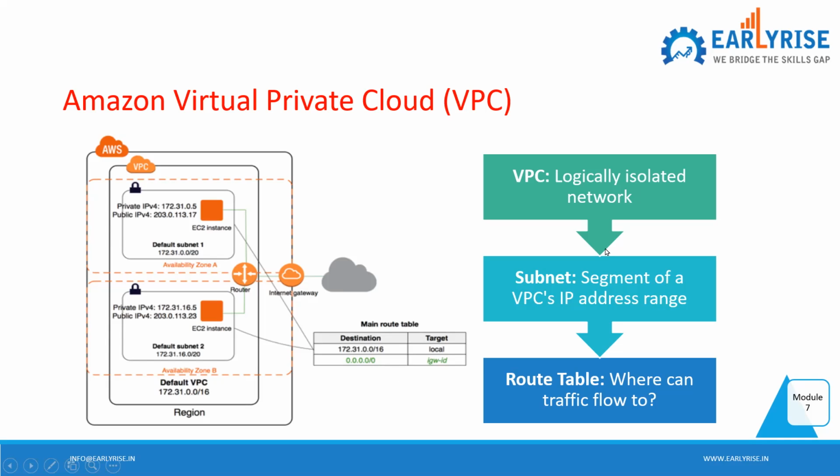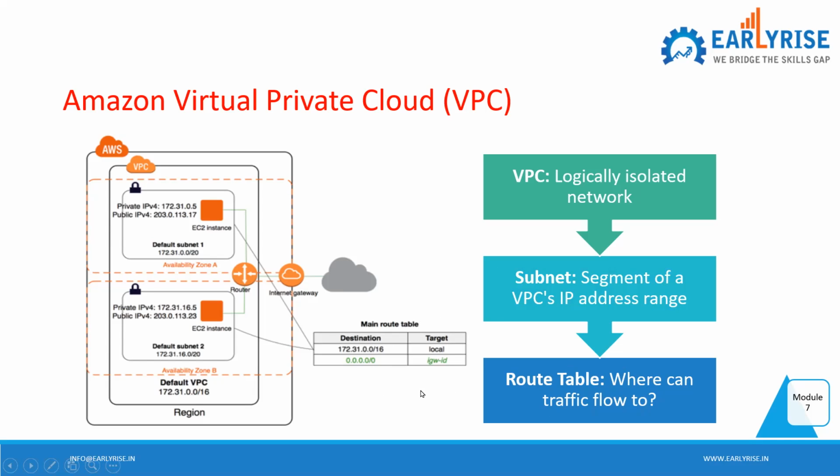What will the route table specify? Where the traffic has to flow. Your network traffic has to go somewhere, and where it can go will be defined by a route table, right?